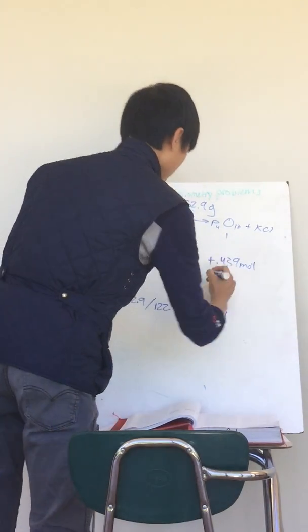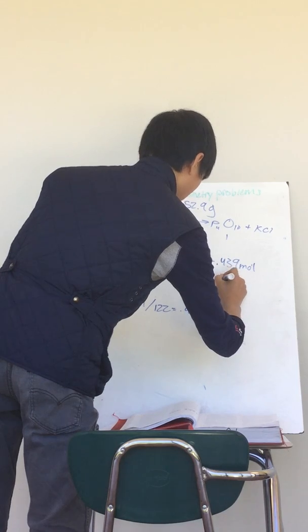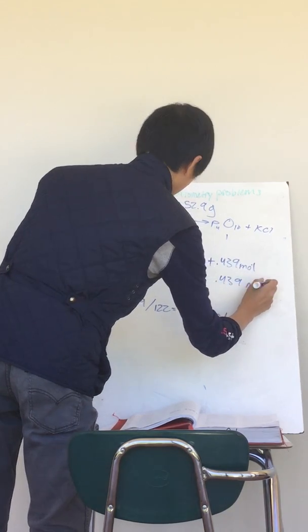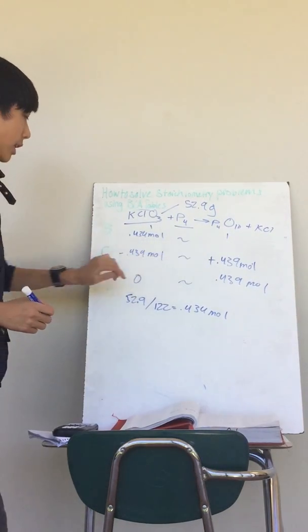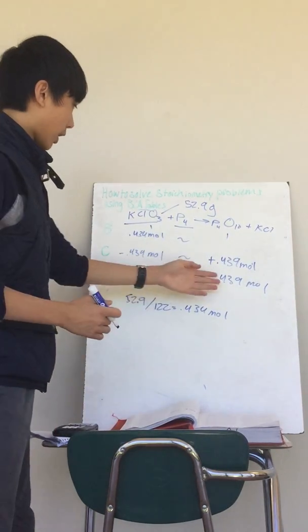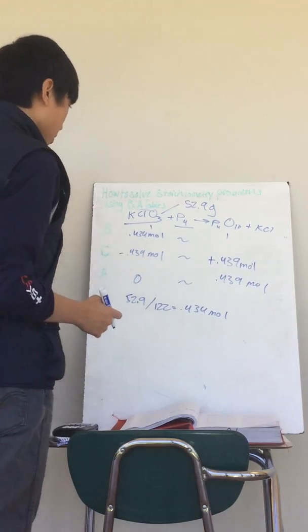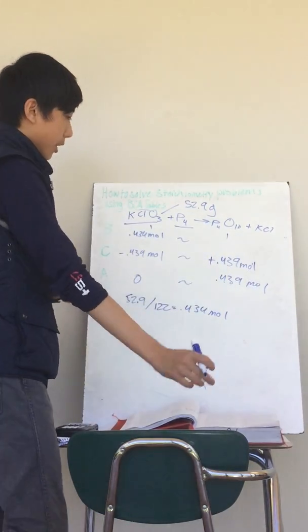Afterwards you would have 0 on this side because the reactants are all used up. On this side, it's 0.434.